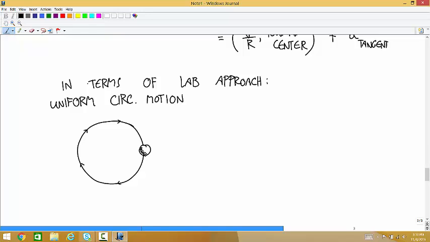What direction is the velocity vector? The velocity is tangent to the path at the object in the direction of motion. So a tangent is like this. And then is it down or up? Down. So there's the velocity vector.